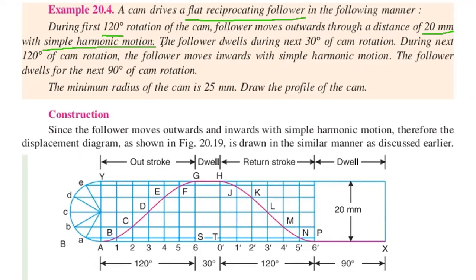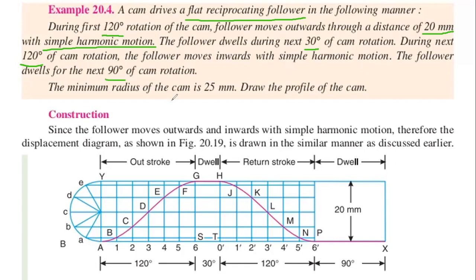Next, the follower dwells during the next 30 degrees of cam rotation. So that is the dwell period, 30 degrees. During the next 120 degrees of cam rotation, the follower moves inwards with simple harmonic motion. Inwards means return stroke, and the follower dwells for the next 90 degrees of cam rotation.